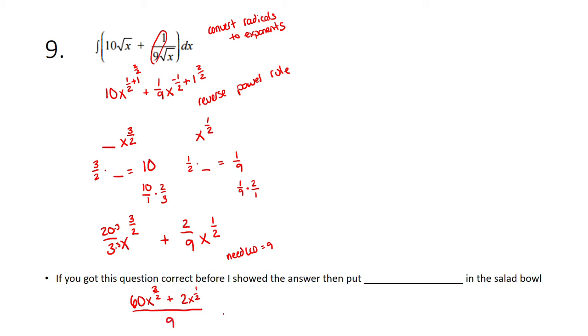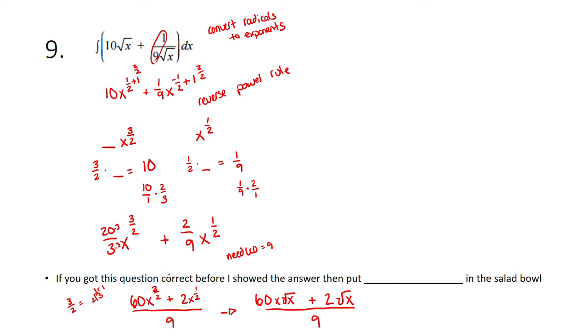Finally, if you want to convert it back to a radical, this is going to be 60. 3 divided by 2 goes in once with a remainder of 1, so that's 1x on the outside, 1x left underneath the radical, plus 2 square root of x all over 9.